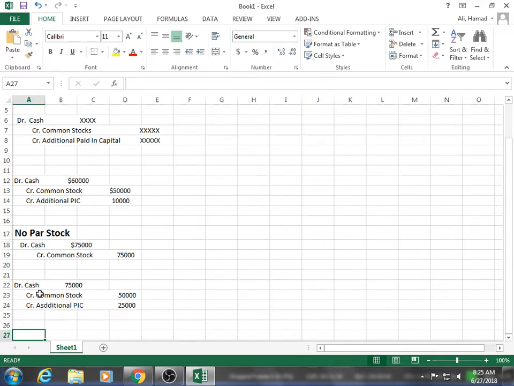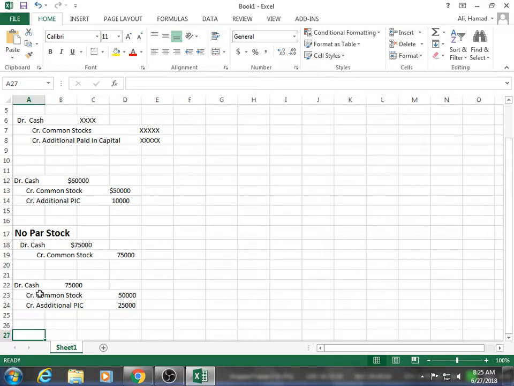Okay, alright, let's move along with, remember earlier we said we can issue shares of stock for cash, and now we're going to look at issuing it for other than cash, for assets. So if you exchange a piece of land for shares of stock, or if you pay the lawyer's fees with shares of stock instead. Okay. So let's take a look at this example.